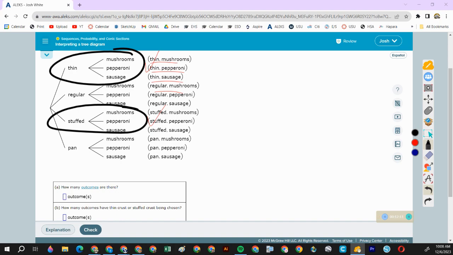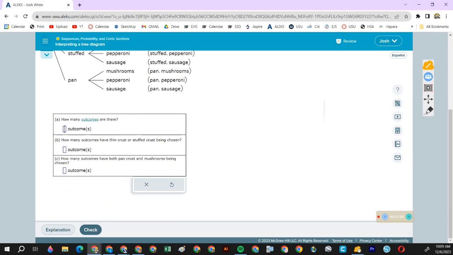What if I said, how many ways are there to have a regular crust that contains sausage? So that would be regular crust and sausage. There's only one way to do that. Right? Do you kind of understand the difference between and or? Okay, we'll get more into that as we dig deeper.